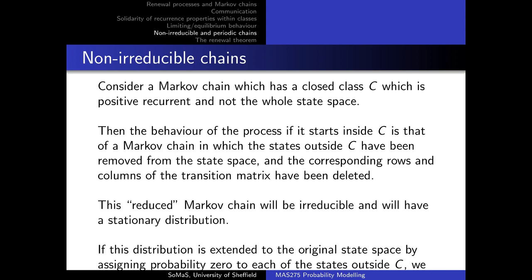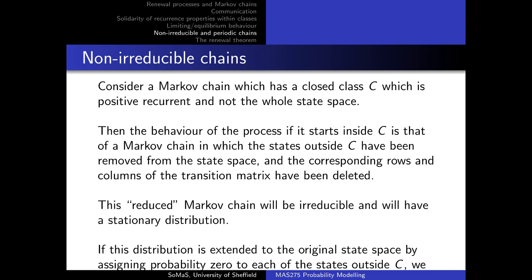So consider a Markov chain which has only one closed class, but that closed class is not the whole space, which means we're not irreducible. So for example, imagine that there's one state, say state 1, which can lead into the other states which form a closed class, but we can't go back to that particular state 1.